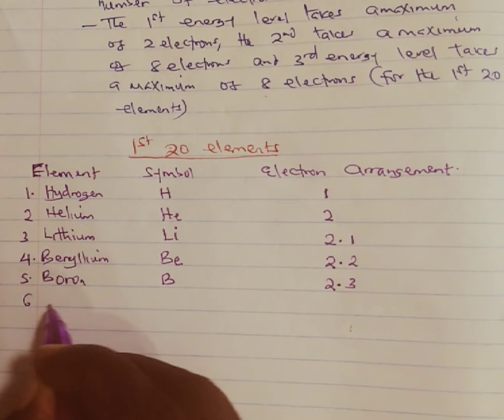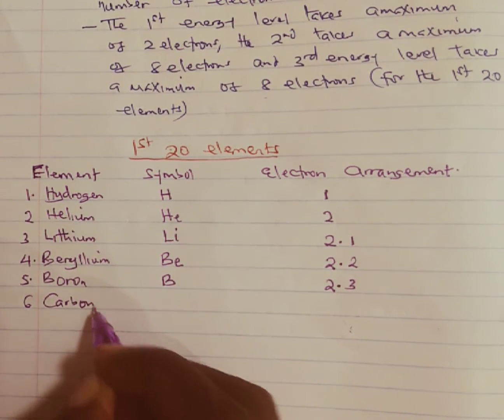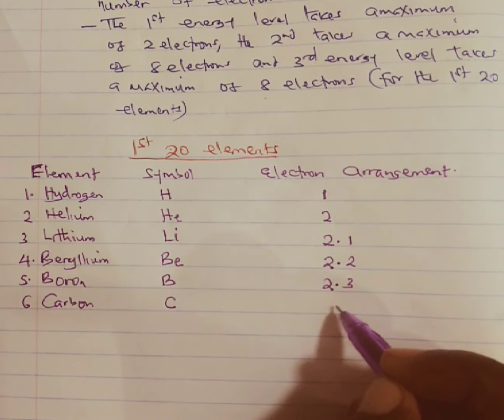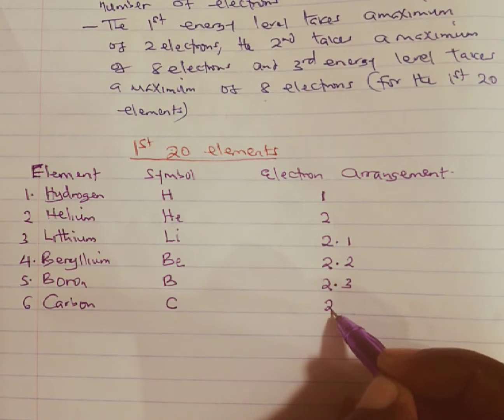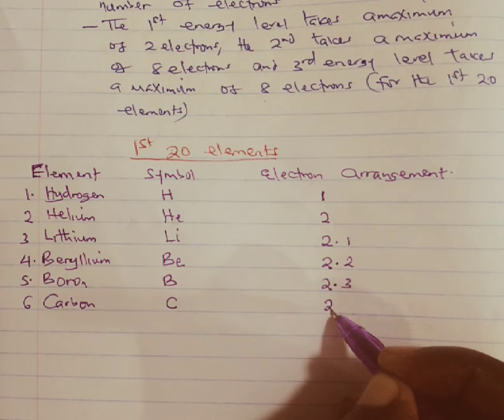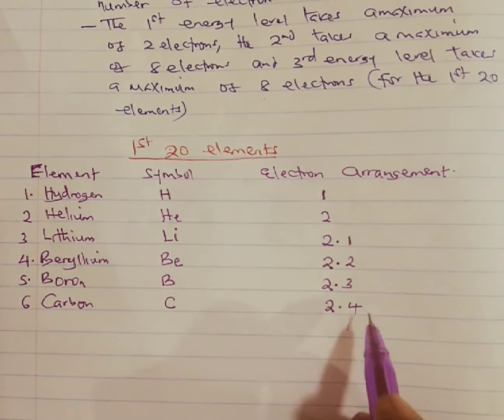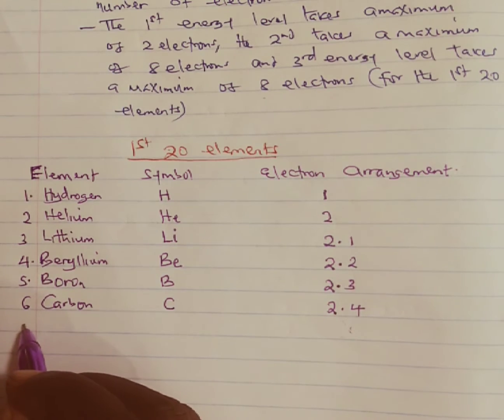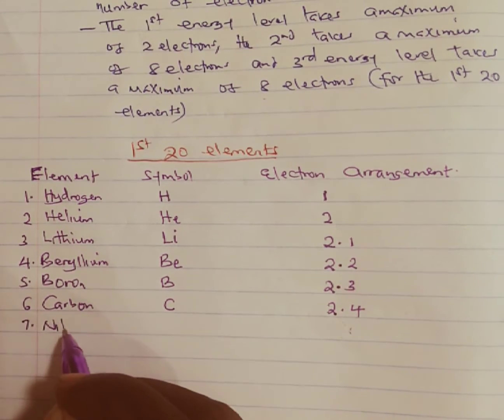Then number 6 is carbon. Carbon is represented by C, capital C, with 6 electrons, and therefore the first energy level takes a maximum of 2. The remaining 4 to make them 6 goes to the next energy level, that is the second. 7 is nitrogen.